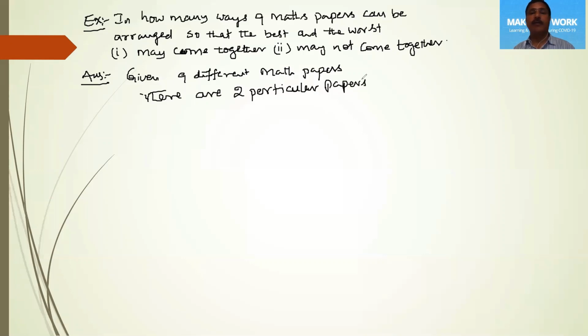What are those 2 particular papers? The best and the worst. So these 2 particular papers may come together, that is, they should be together. And another condition may not come together. Now these are the permutations that can be made fulfilling the given conditions.